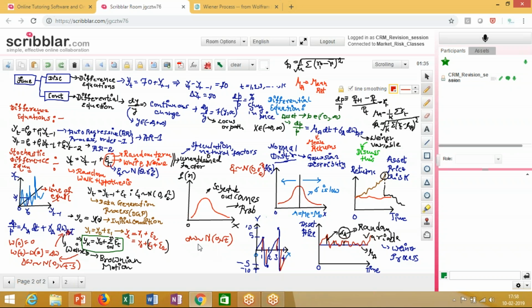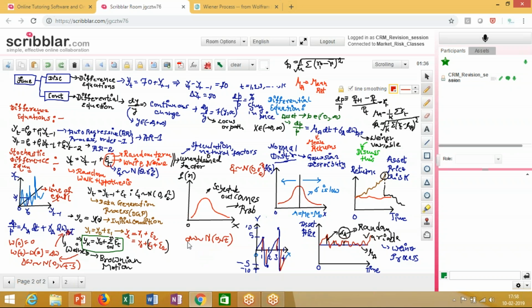So this s is a very small value. So t, then t plus 0.00000001, and so on. So s can be infinitesimally small increments in time, and that is why this is dW.